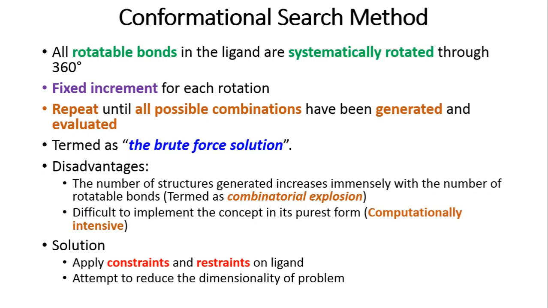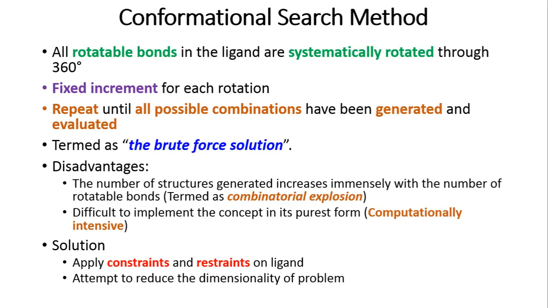you would allow the bond to rotate at some fixed value. So you won't allow the bond to rotate by plus 180 degrees and minus 180 degrees. You would constrain it to say only 60 degrees or 40 degrees. Or you can entirely put a restraint on some atoms. Once you apply a restraint, it means that set of atoms will not move at all.